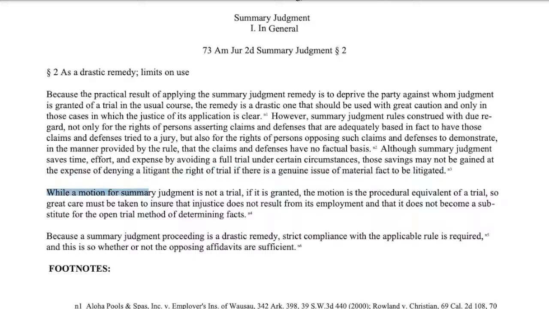While a motion for summary judgment is not a trial, if it is granted, the motion is the procedural equivalent of a trial. So great care must be taken to ensure that injustice does not result from its employment, in that it does not become a substitute for the open trial method of determining facts. So we want to have an open trial method of determining facts, not using summary judgment as a substitute.